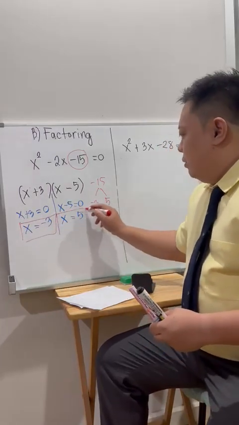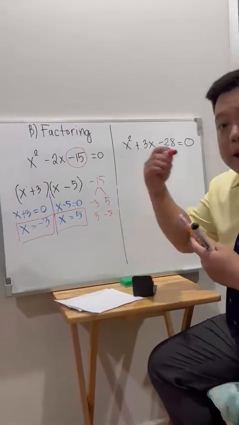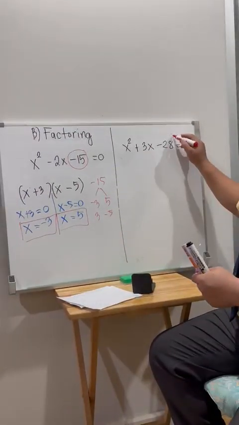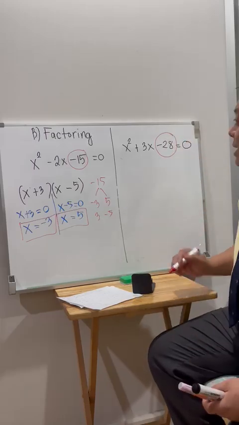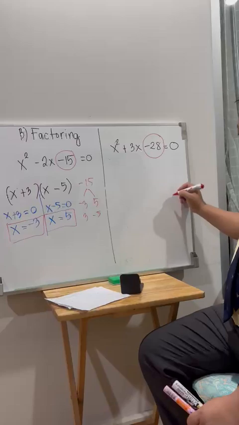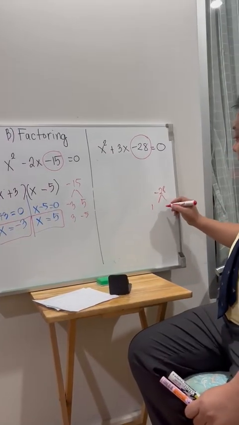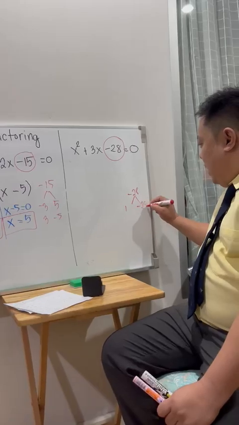For the next example, again we will do the same thing. We will try to find the factors of negative 28 that will add up to positive 3. So we have 1 and negative 28.